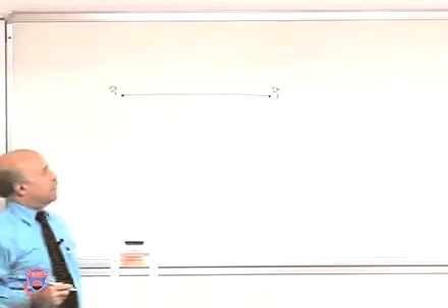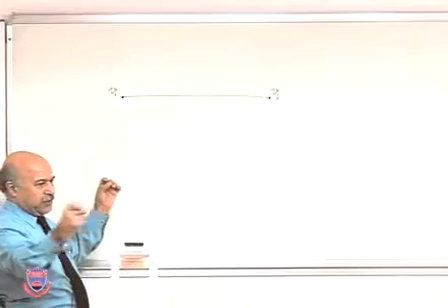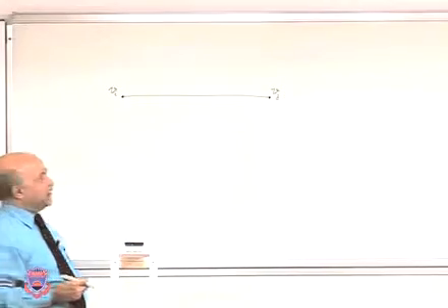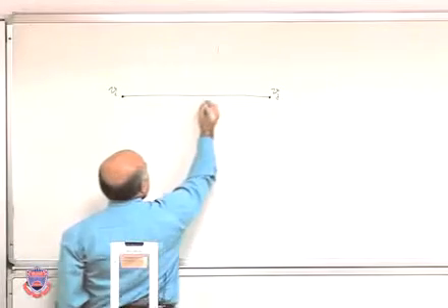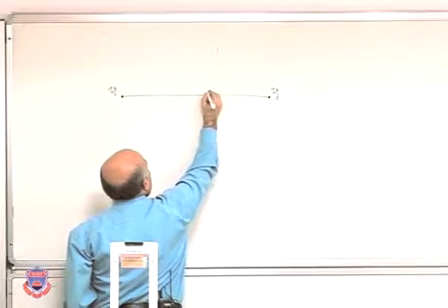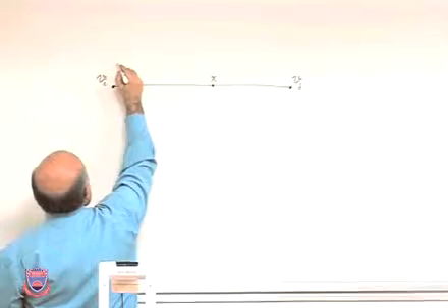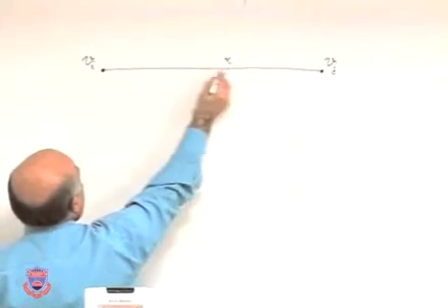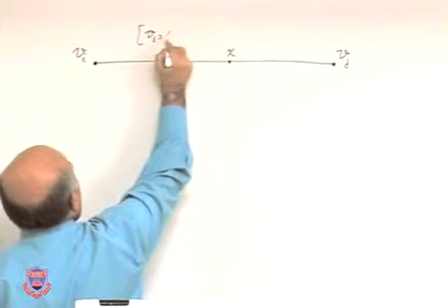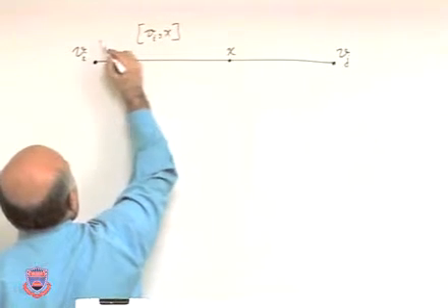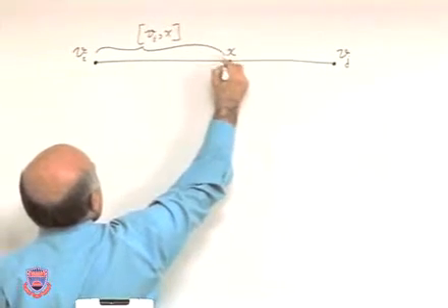Even though the arc does not have to be a straight line segment, let's just stretch it out so it looks like a straight line segment. Okay, so if I pick a point x, then my subarc Vi to x is this portion. From here to here.